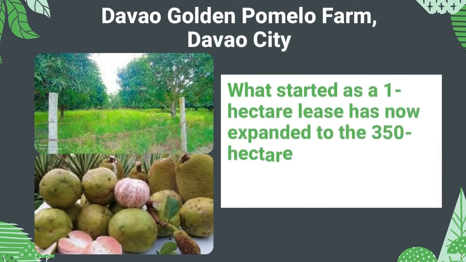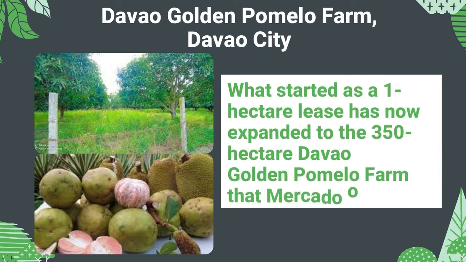What started as a 1 hectare lease has now expanded to the 350 hectare Davao Golden Pomelo Farm that Mercado owns. It produces the Magallanes variety, the preferred variety of Filipinos for its sweet pink flesh. The oldest trees in the farm are 17 years old and can bear as much as 600 kg per plant.